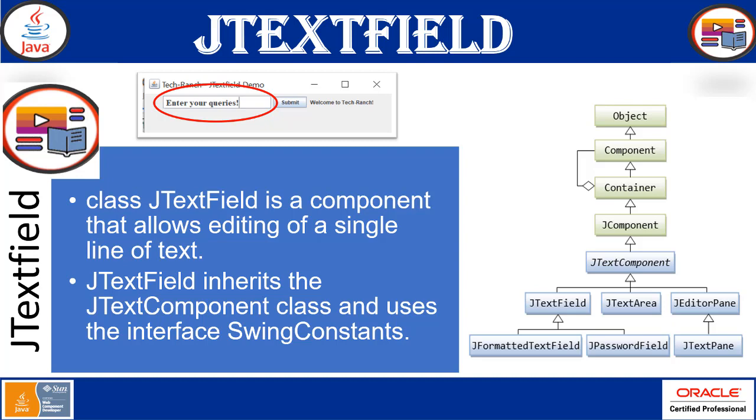Those are different types of text-based graphical user interface components available in Swing, where today we are going to cover JTextField. It's a part of the text component that allows you to edit a single line of text. For example, you have a form, a registration form or a login form.